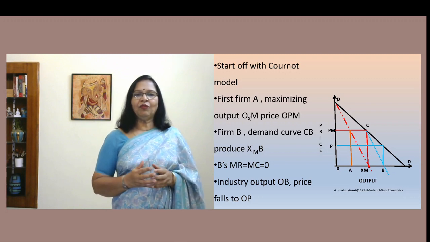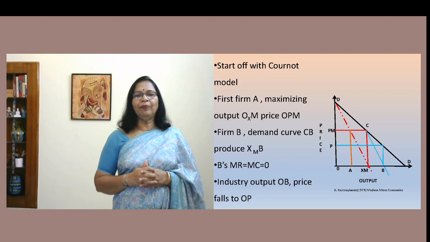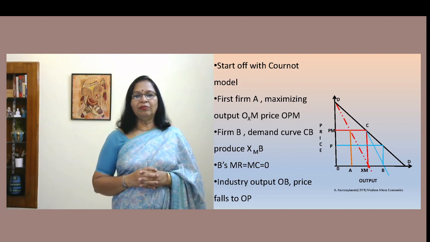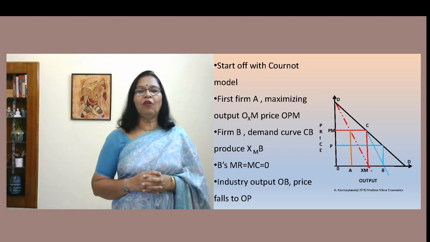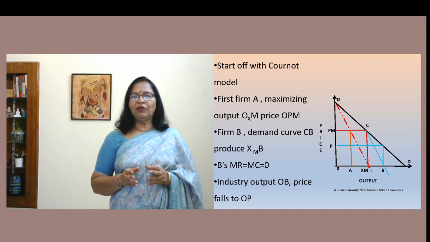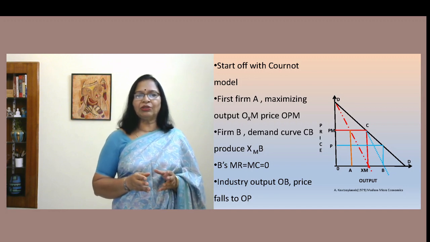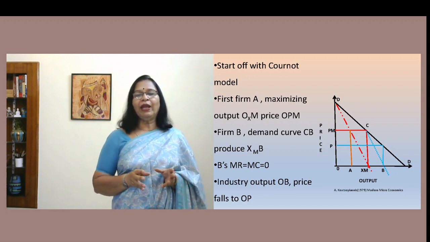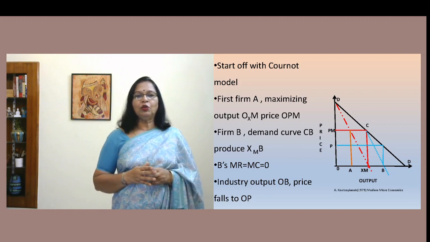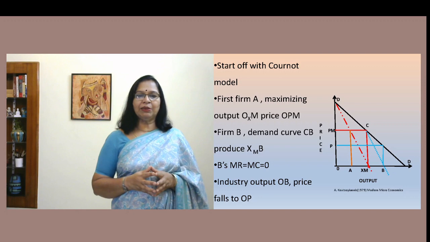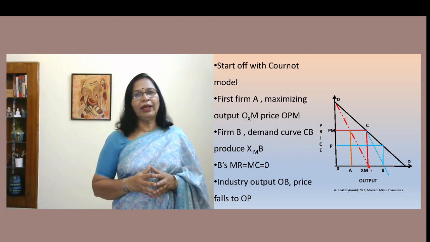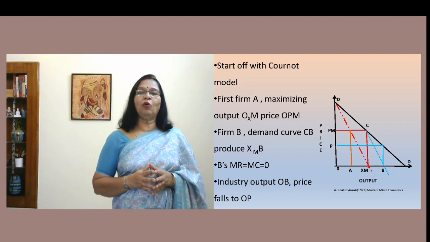We have the demand curve DD, and we have the demand curve CD for firm B, because the first half of the industry is taken over by firm A, and the second half is what is left for firm B. So when firm A chooses a profit-maximizing output of OXM, it gets a price of OPM.